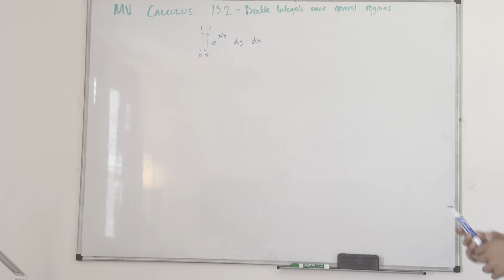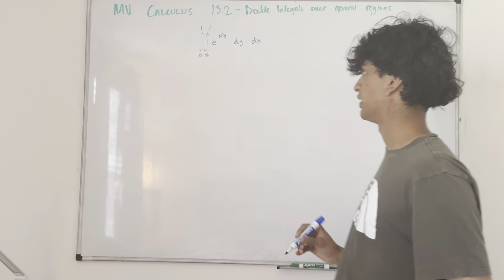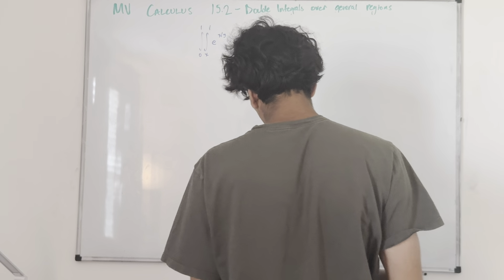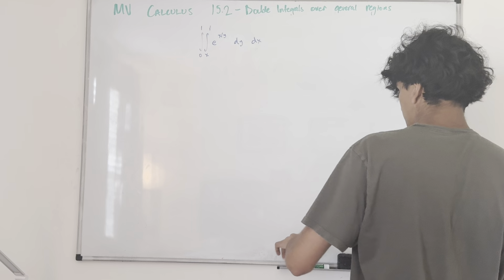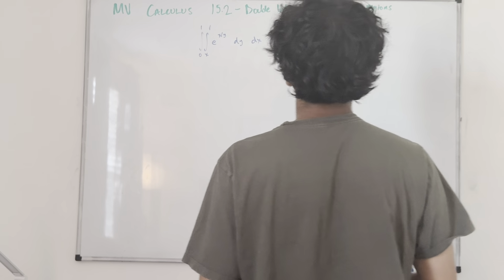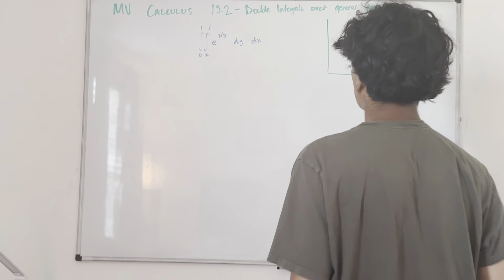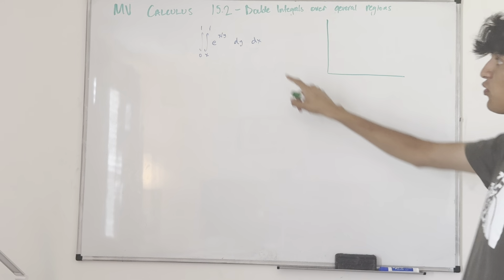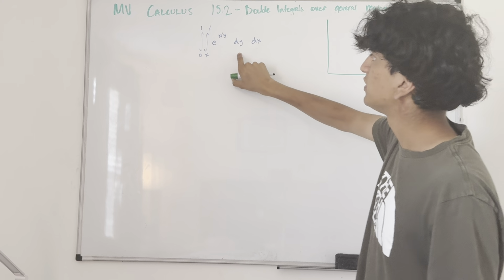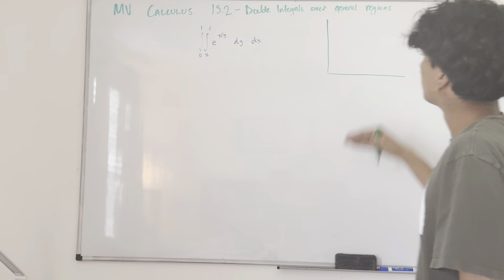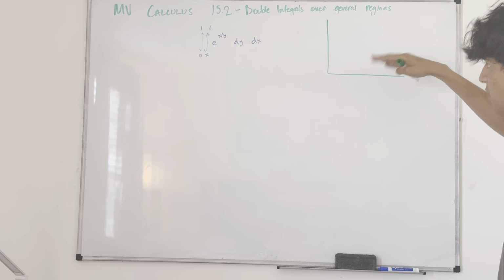In order to do this, we first have to look at what region we are integrating over. I'm going to use green for this. I'm integrating with y first, so these inner bounds go top to bottom.